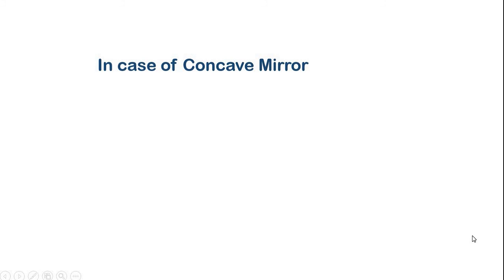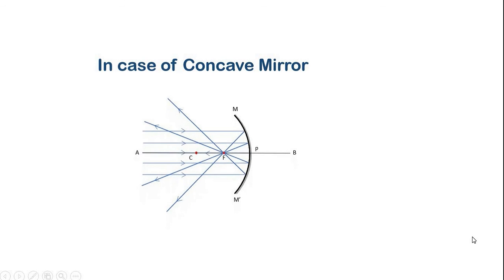In case of concave mirror, a parallel beam of light rays is incident on the concave mirror, and after reflection the rays converge at a point. This point is called the principal focus of the mirror. Looking at the picture, we can see the focal length is FP, which is denoted by small f.